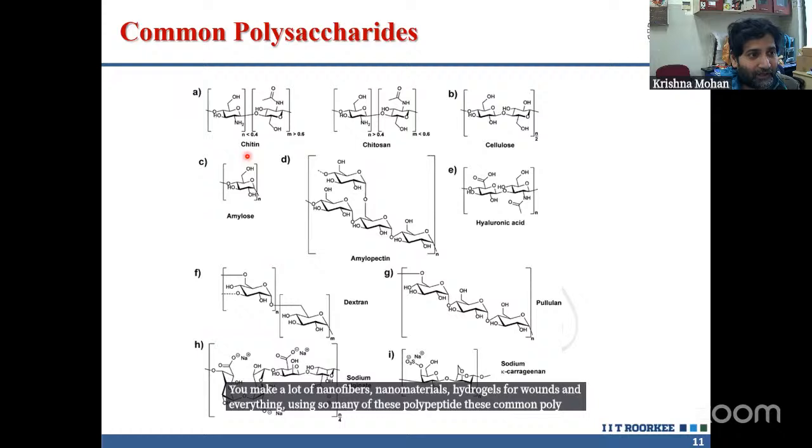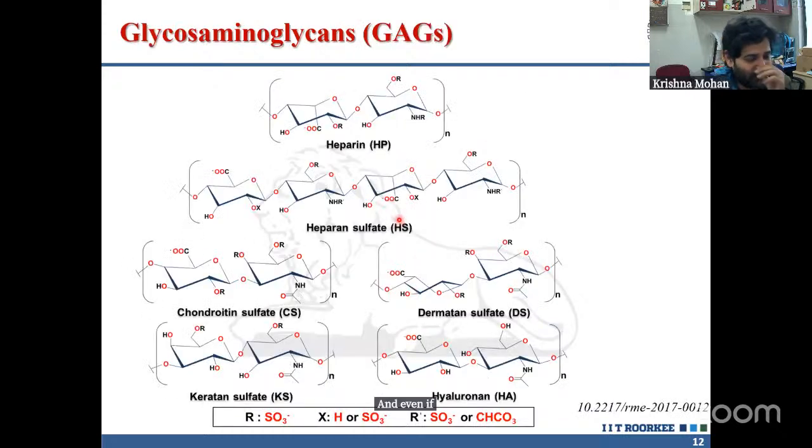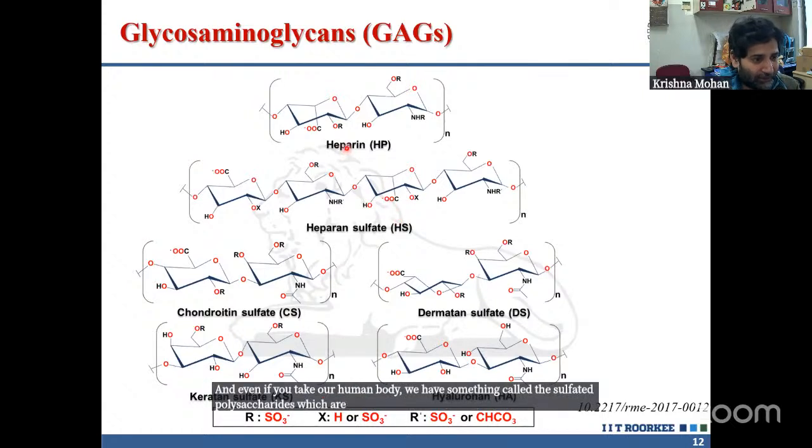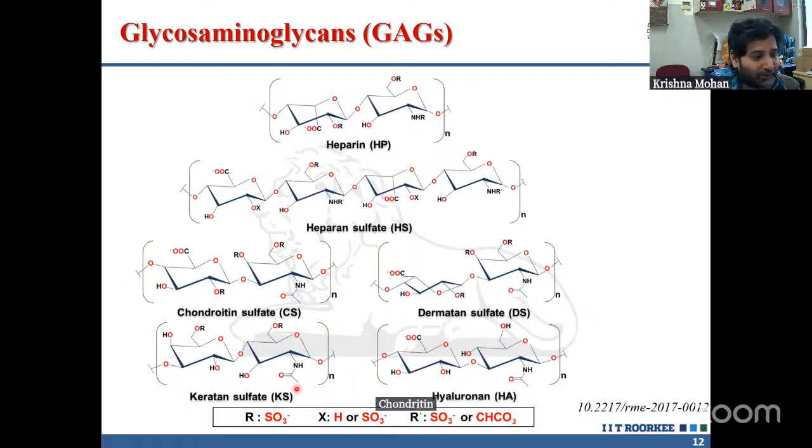You can think of chitin, chitosan, cellulose, hyaluronic acid, carrageenans, which are seaweed polymers, and sodium alginate. Even in our human body, we have sulfated polysaccharides, which are heparan sulfate, chondroitin sulfate, dermatan sulfate, etc.